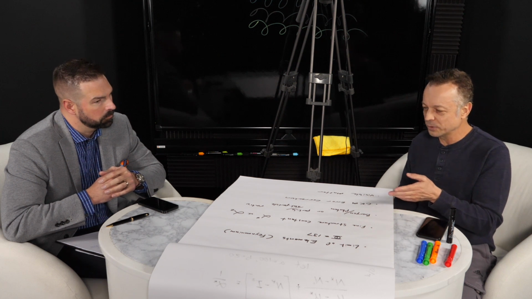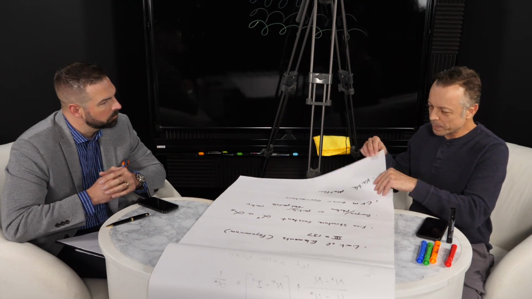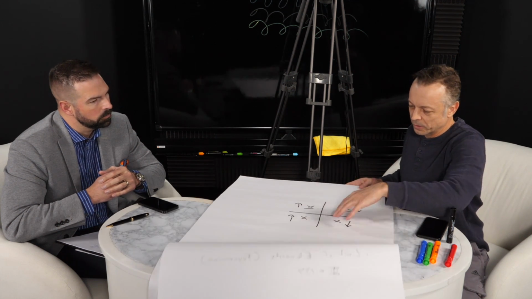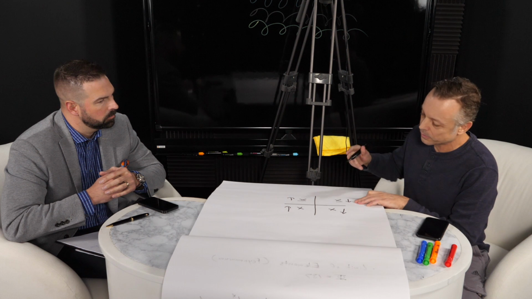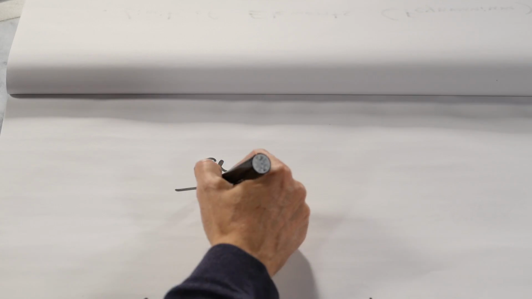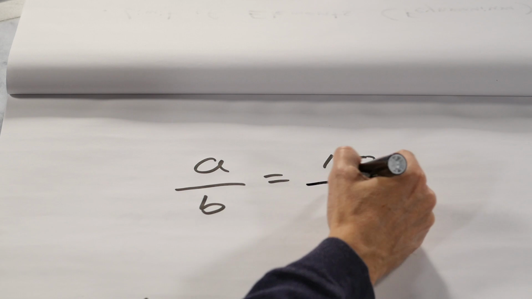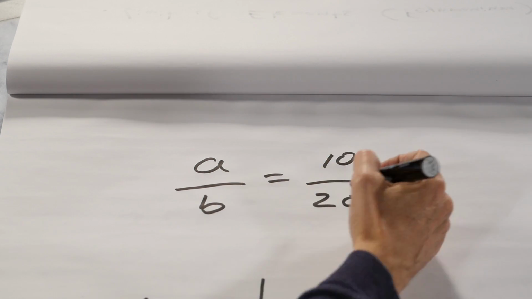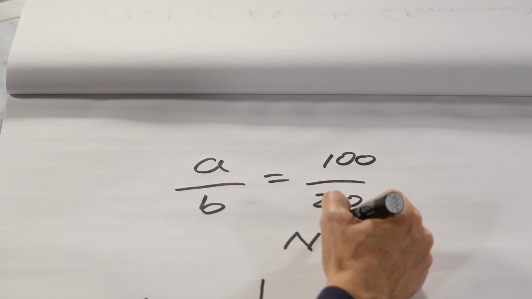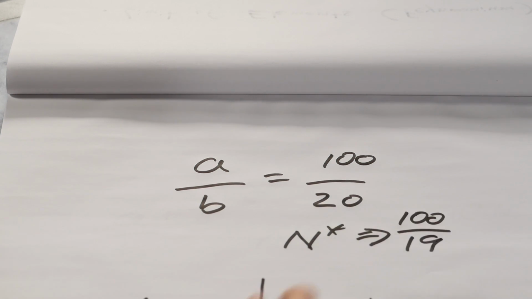And one thing that I think is interesting to note is that when we look at the numbers we started with, which is A over B, where A is 100 and B is 20, the n star value is 100 over 19.